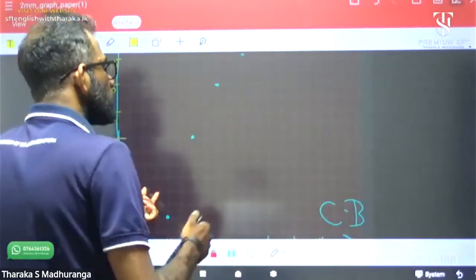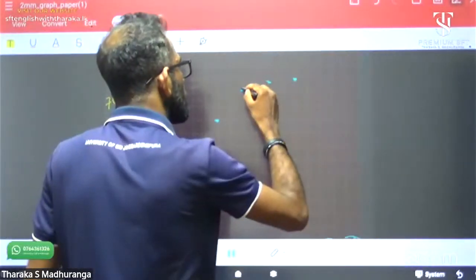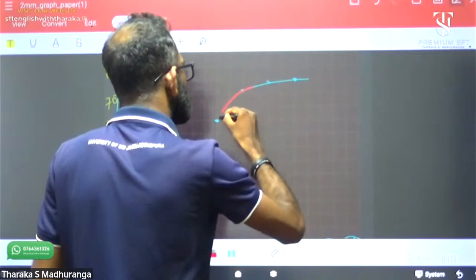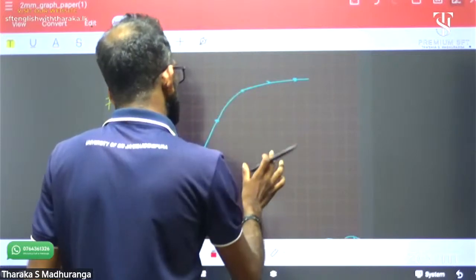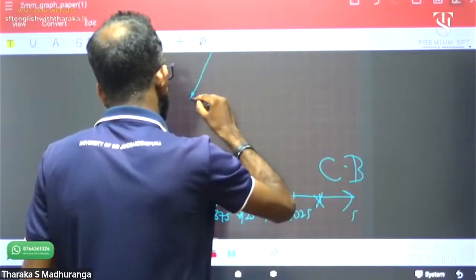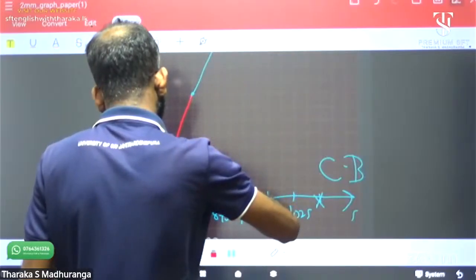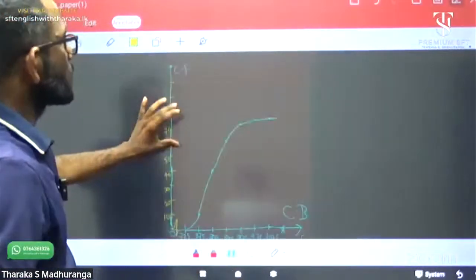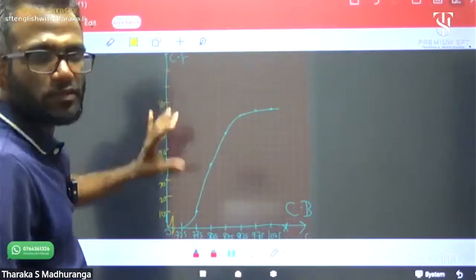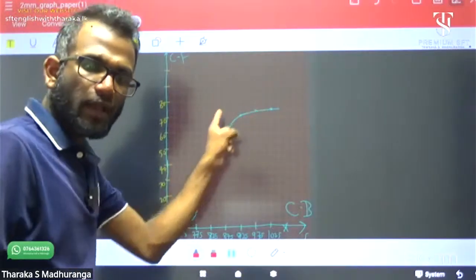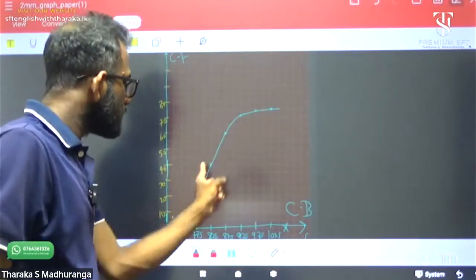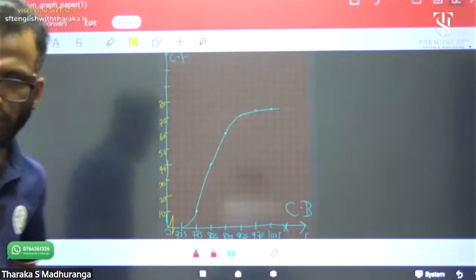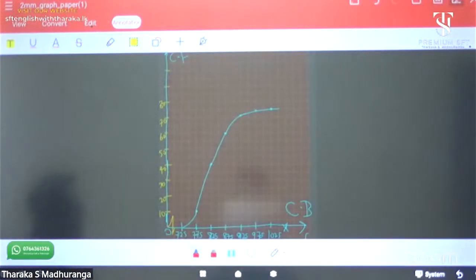Okay, now you can draw a smooth graph, same as previous. You can draw a smooth graph like this, and finish at the first group lower bound.